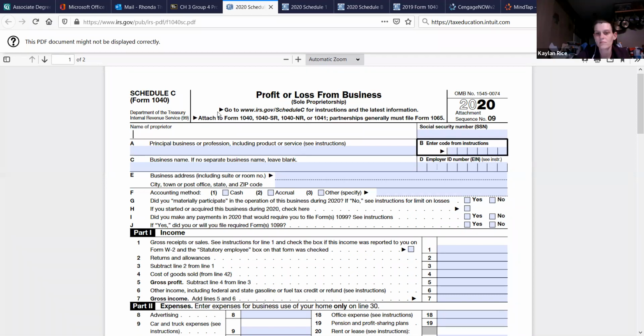So we would put his name for the proprietor and then do the principal business. That's correct. That's what you would do.